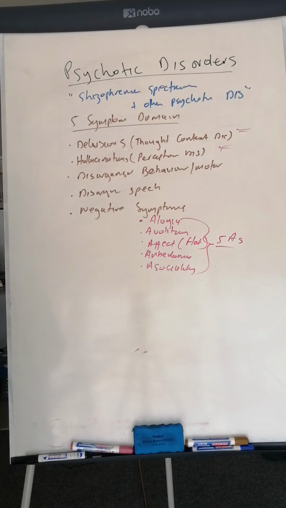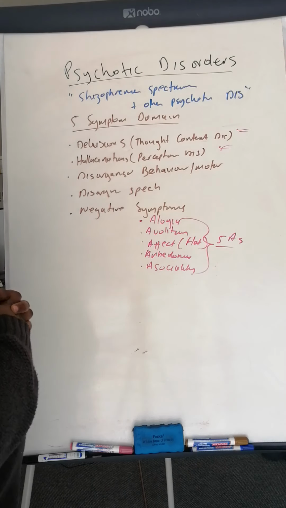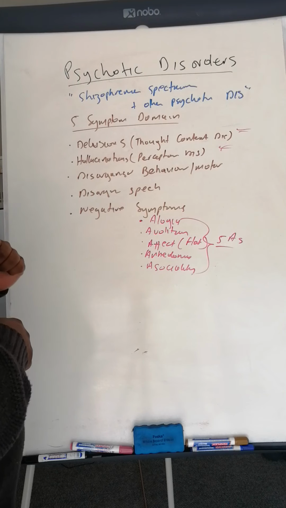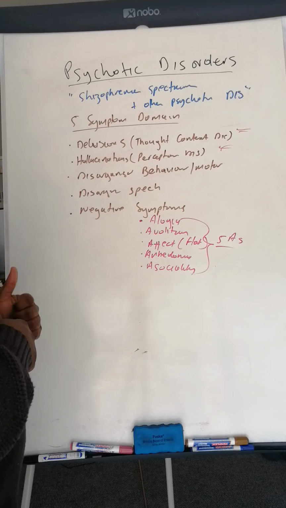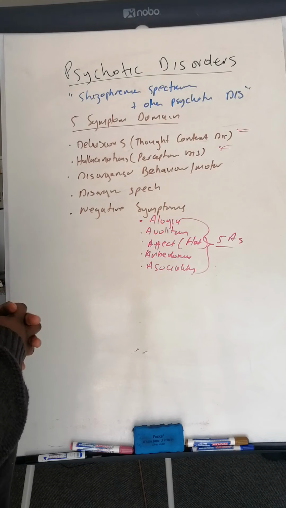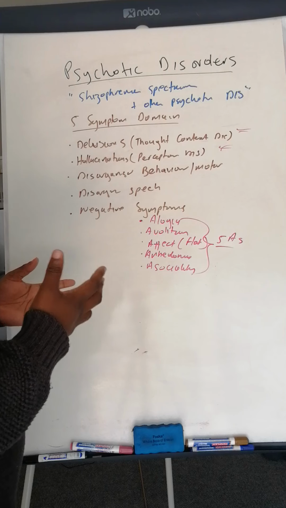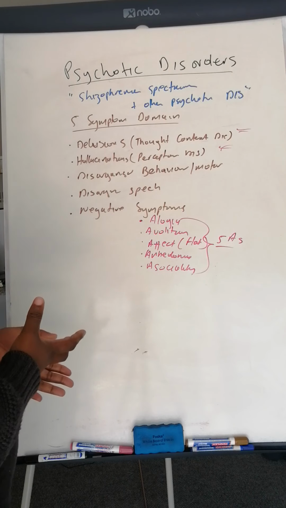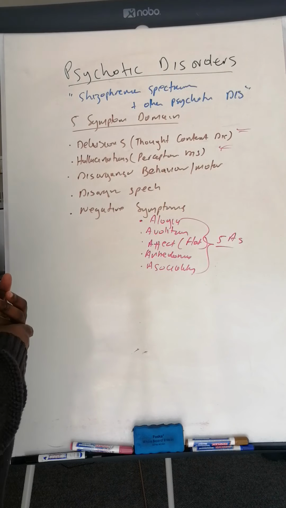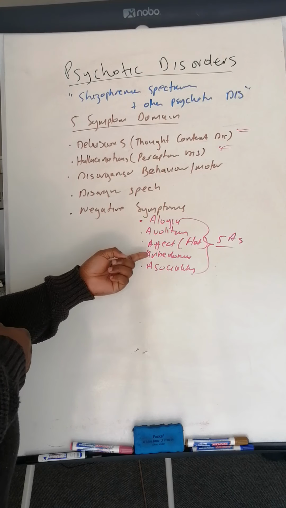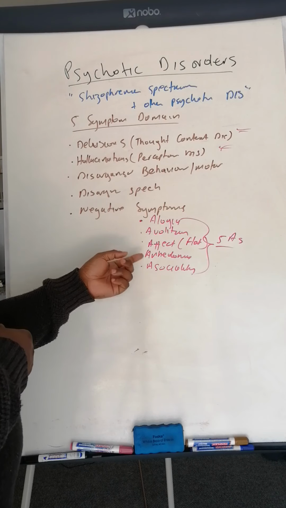Alogia is a poverty of speech, basically, and anhedonia is someone who has lost pleasure in all previously pleasurable or enjoyable activities. This is also a symptom of depression as well.